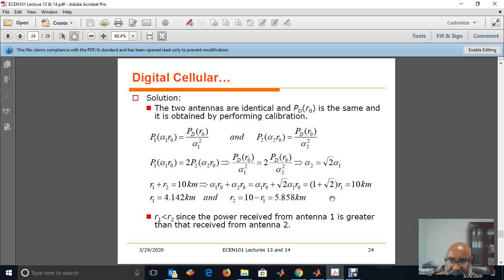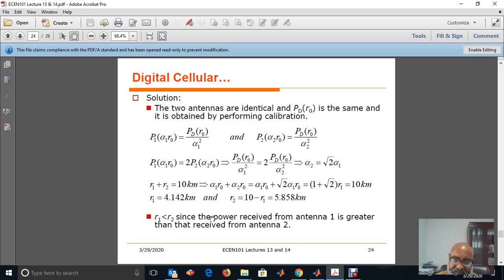So (1 plus square root of 2) times R1 is equal to 10 kilometers. From this, R1 is 4.142 kilometers and R2 is 5.858 kilometers.